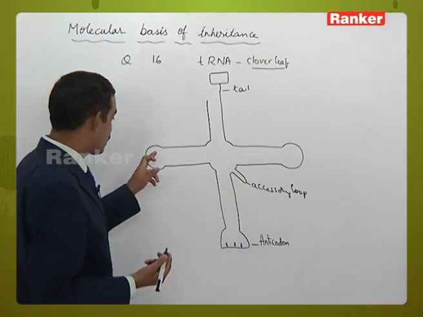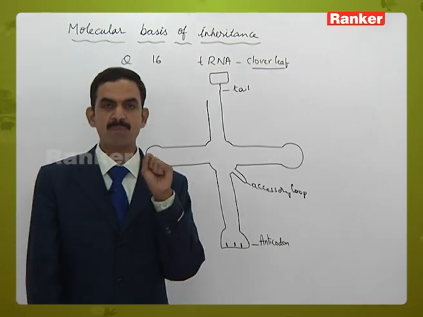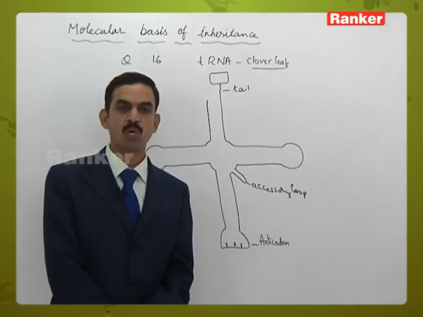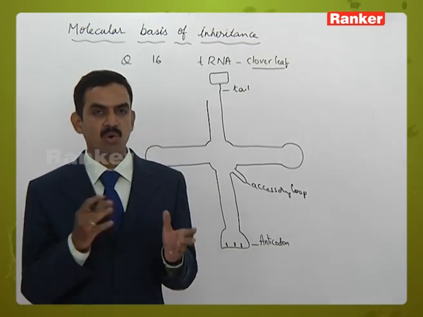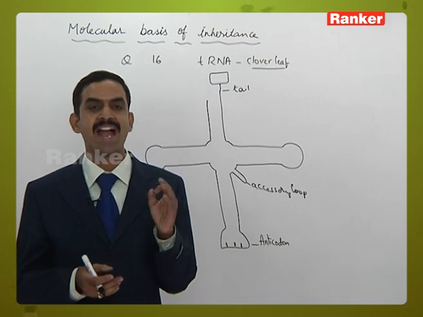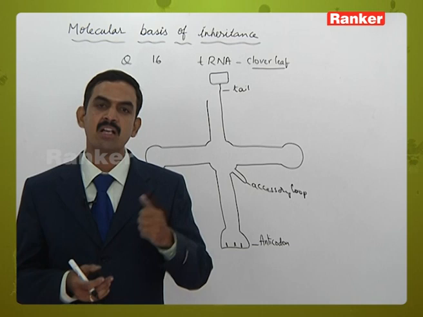So out of the 2 lateral main loops, one of them is useful for identification of ribosome where the protein synthesis is taking place, and one more lateral loop is there which is useful for identification of the enzyme which will activate the amino acids.